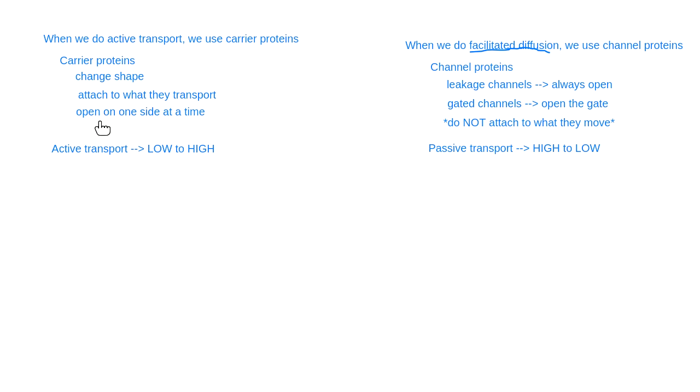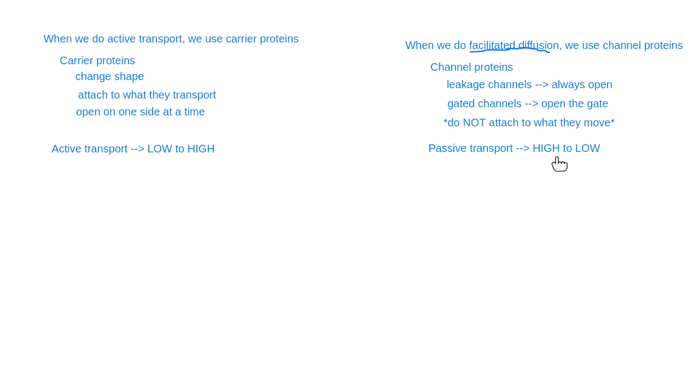Because with these channel proteins, whenever I have a channel protein that's open, whether they're always open or whether we open up the gate, they're going to move stuff from where there's a lot of it to where there's a little of it.